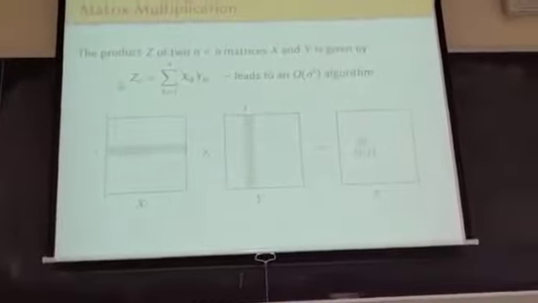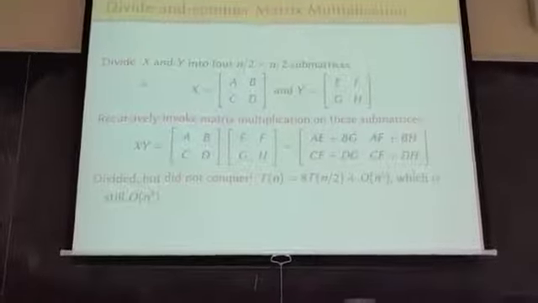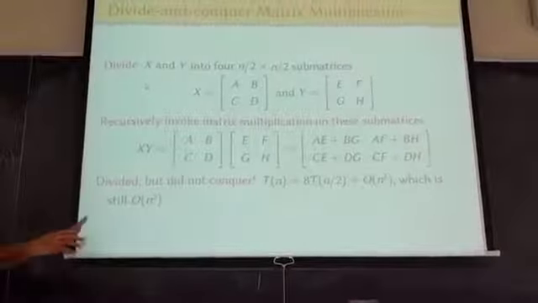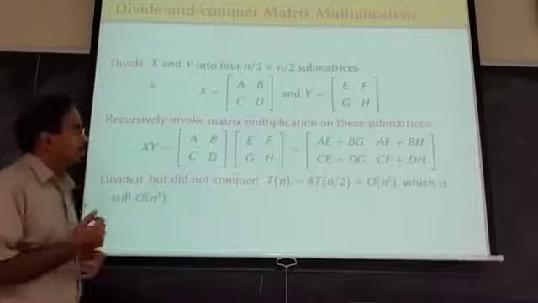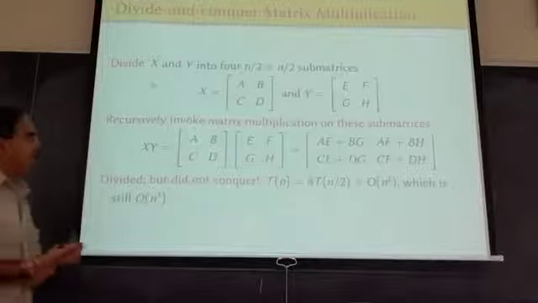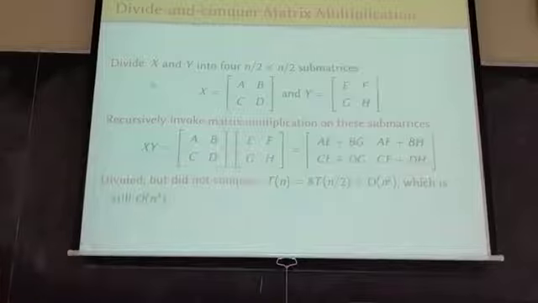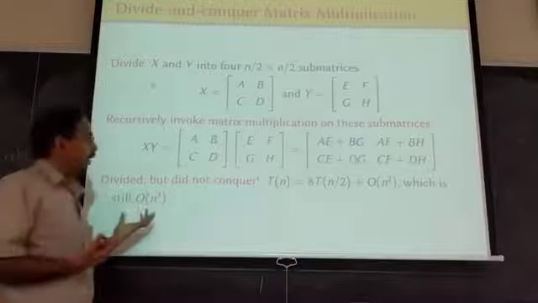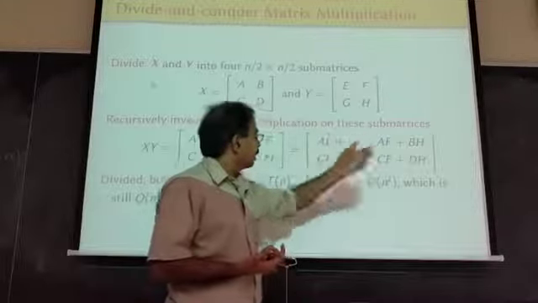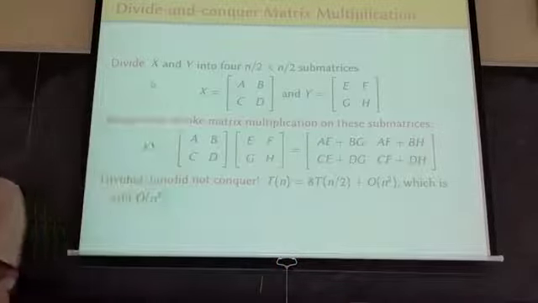So we looked at matrix multiplication, where there is this idea that you do a divide and conquer, you take a matrix, subdivide it into 4 submatrices, and then you do the multiplication. But if you do it naively, then you end up making 8 multiplications on n by 2 by n by 2 arrays. So unfortunately, you end up with order of n cubed time. But the key point is that there is a way of doing this without making 8 multiplications, but instead 7.